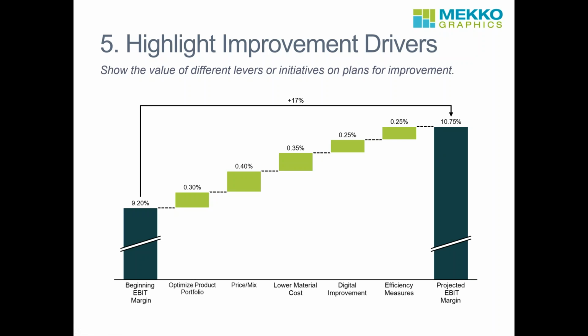And you want to say, where are those changes going to come from? And we use the waterfall, the cascade, to split up those changes into different categories. And then I assume in subsequent charts, you can dive in and show how you're going to optimize your product portfolio, your price mix, your material cost, and these other features.